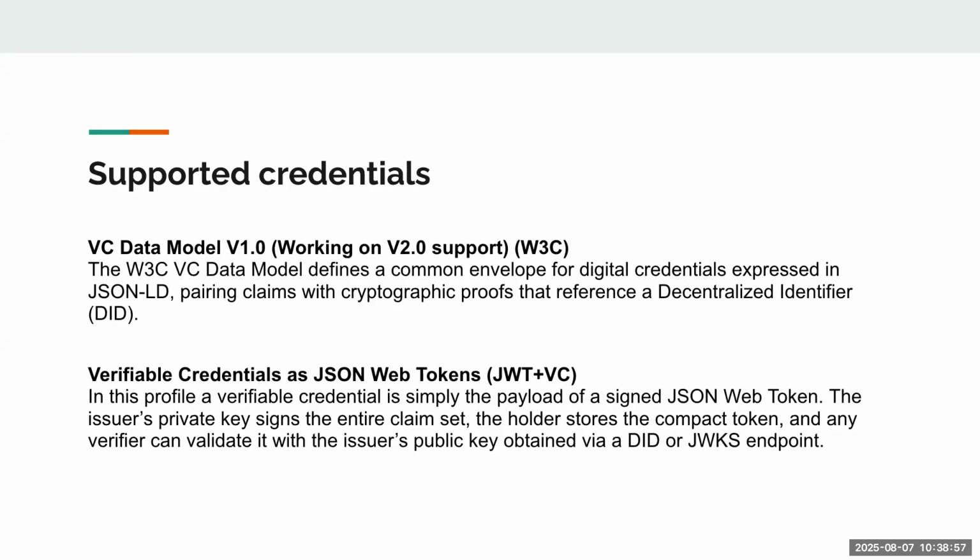You have all the papers in there for W3C, all the specifications, and we are working on supporting version 2.0. Okay. Then we support JWT verifiable credentials, right? It's a simple JWT token with claims. Nothing much special about that, right?